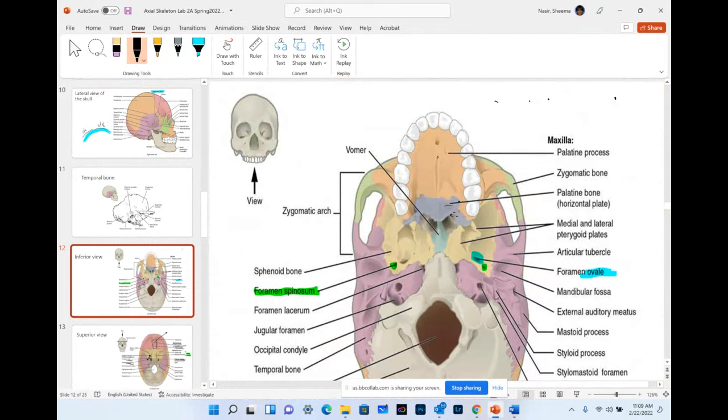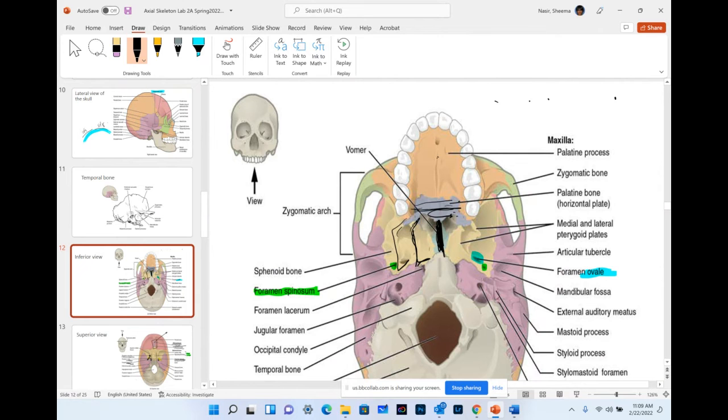In this view, you see underneath the palatine bone, this is your palatine bone. Underneath it and in the middle, that is your vomer. This entire thing is your vomer. And outer to that vomer, you see this plate is the medial pterygoid plate. This one is the lateral pterygoid plate, right? Okay, so we did vomer.